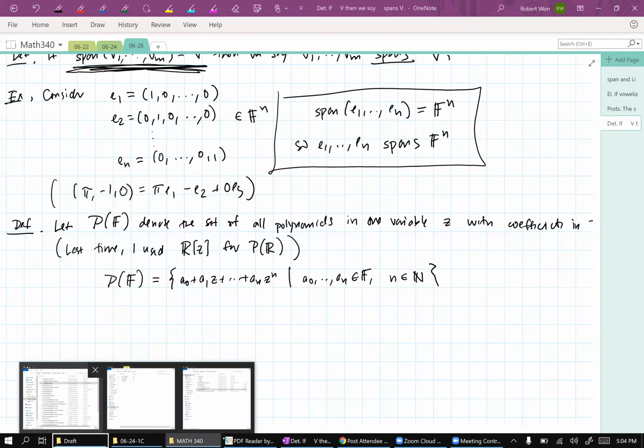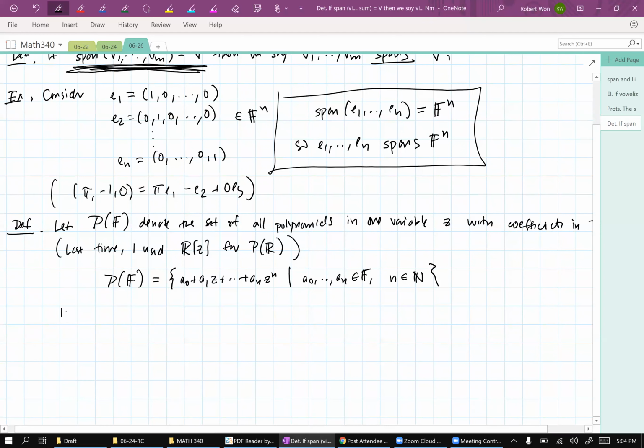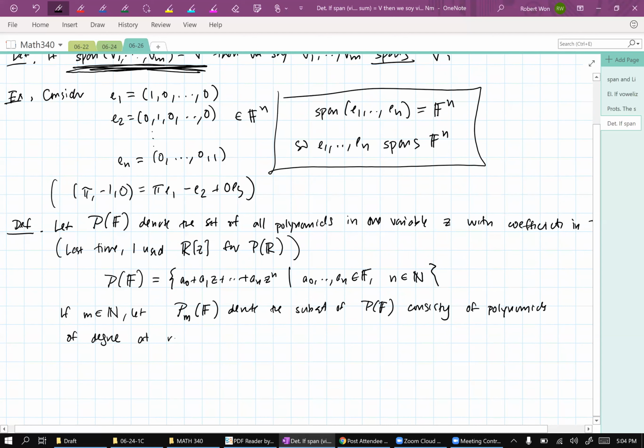Okay, and then some more definition or notation. If m is a non-negative integer, we'll put a little subscript m here: Pm(F) denotes the subset of P(F) consisting of polynomials of degree at most m.